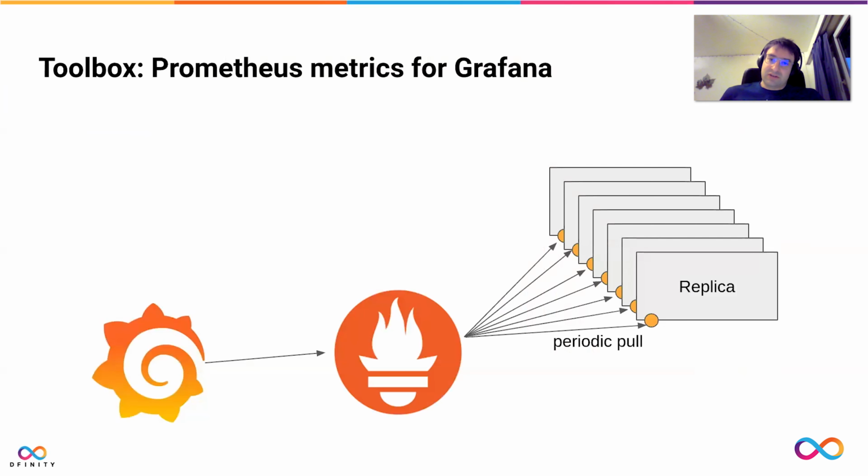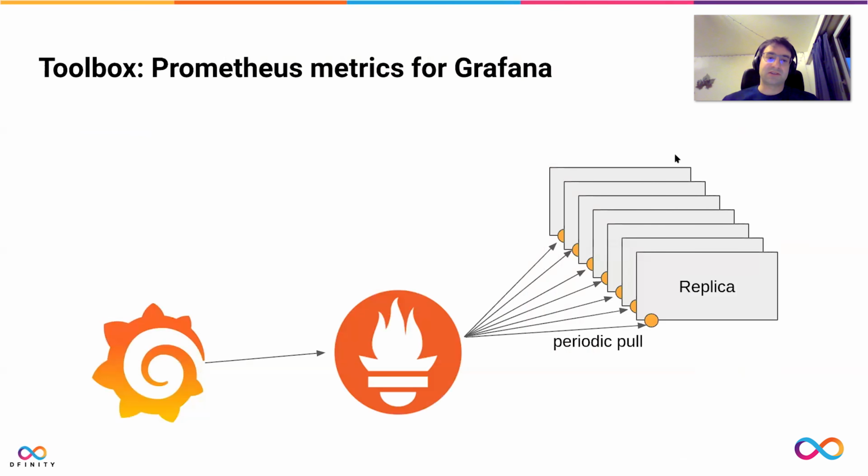Another thing we do, and I think that's quite industry standard, is we use a lot of metrics that all the replicas expose. Each replica has a separate HTTP endpoint that serves those metrics. Then we use a tool called Prometheus that periodically pulls from those endpoints and persists the data it gets there.